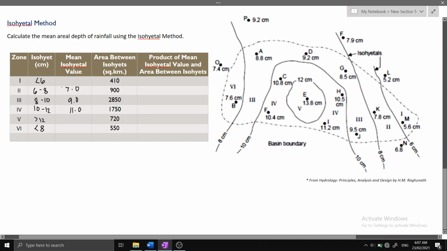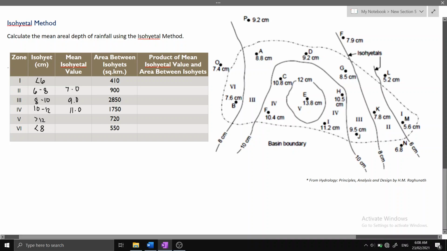So how about if the isohyet is less than 6, greater than 12, and less than 8? So in the reference I am using, they simply took the mean isohyetal value as the average of the two rain gauges here.